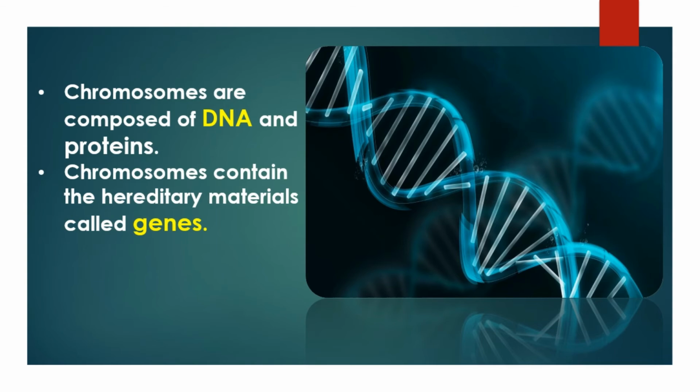Genes are segments of DNA which is responsible for a character, or we can say that genes are functional units of DNA. These factors are responsible for the transfer of characters from parents to young ones.